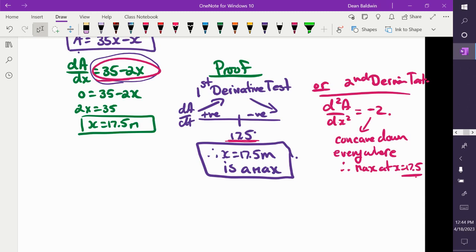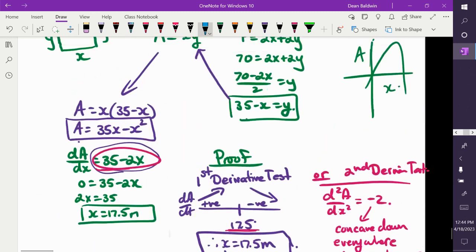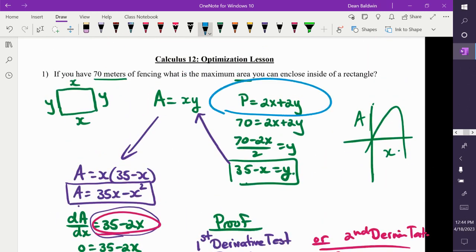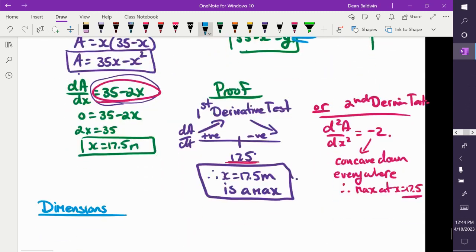Okay, we have one last thing to do. We have to find the dimensions. So just plug it into your perimeter formula, essentially. Or, well, I would plug it into this one right here. y is equal to 35 minus x.